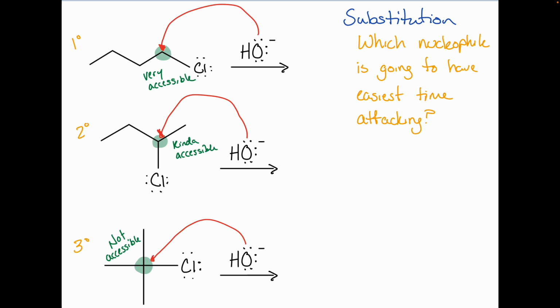You're going to have a much more difficult time getting that nucleophile to that very crowded tertiary site. So in terms of these substitution reactions, which one is going to have the easiest time attacking? Well, primary is going to be better than our secondary carbon, which is better than our tertiary carbon.